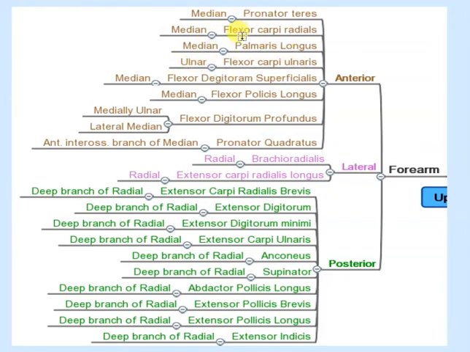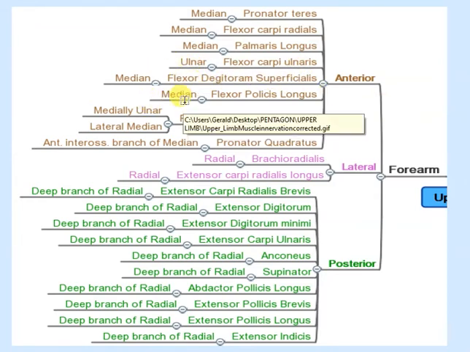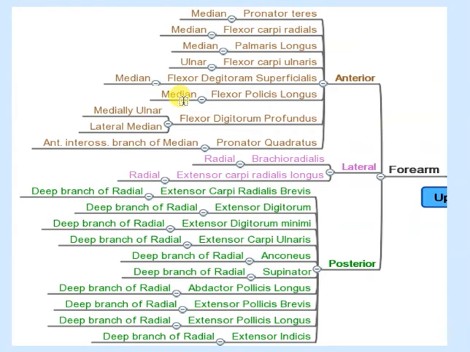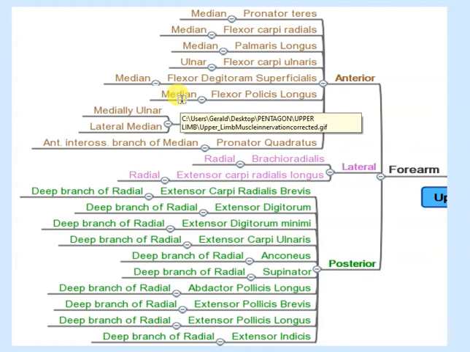But look: pronator teres median, flexor carpi radialis median, palmaris longus median, flexor digitorum superficialis median, and so on. So many muscles in the anterior compartment of the forearm are supplied by the median nerve, and the median nerve is the lateral branch of the brachial plexus.